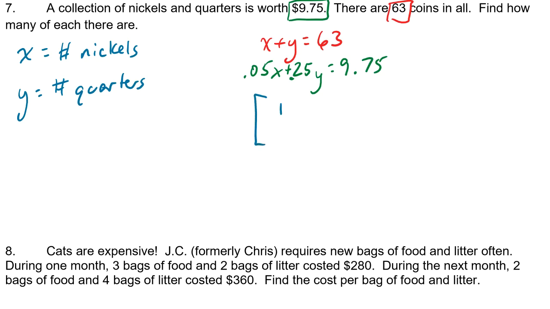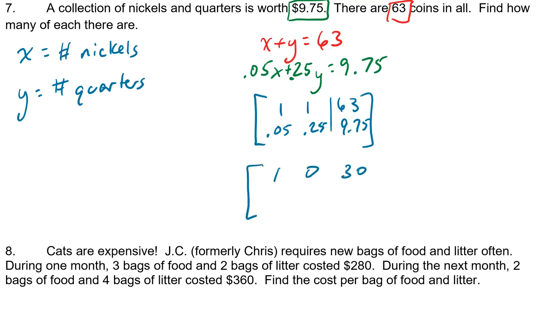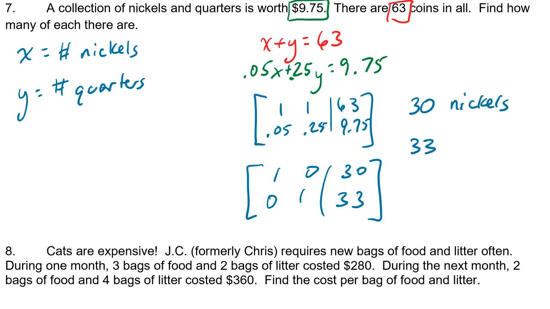So we set up our matrix 1, 1, 63, 0.05, 0.25, 9.75. Solving that comes out to 1, 0, 30, 0, 1, 33, which means there's 30 nickels and 33 quarters.